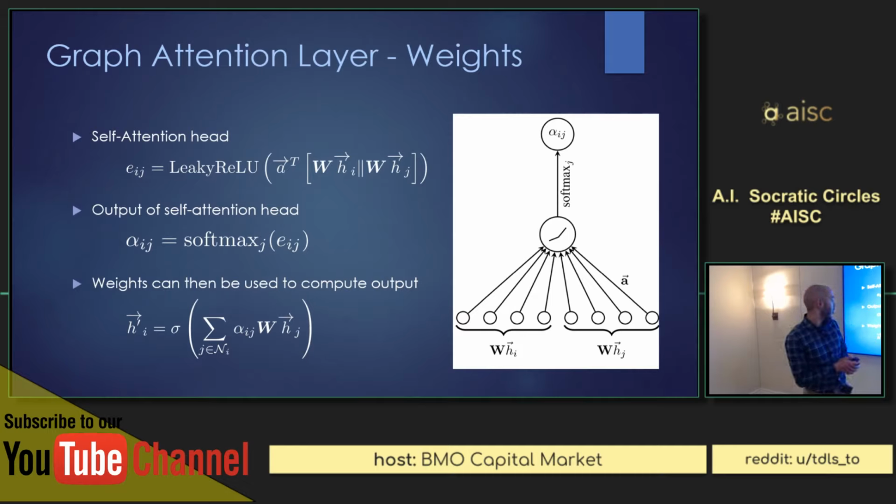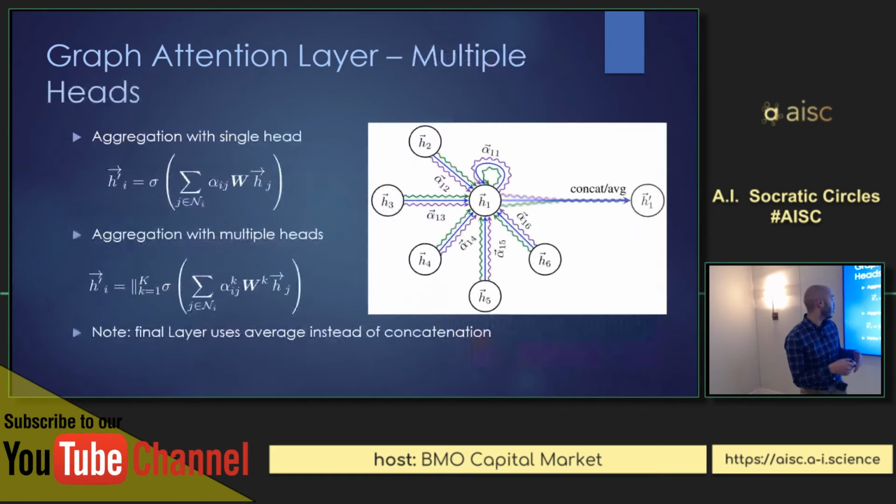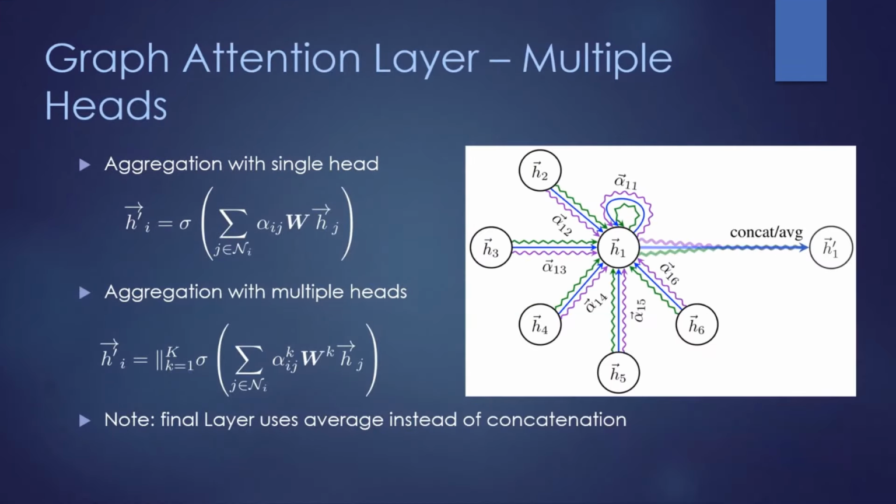Now that we have alpha ij computed using one attention head, you can also do the same thing with multiple attention heads. So now you have multiple attention vectors, multiple weight vectors. You have two options for how to combine the results of all these operations. One is that you can concatenate them, like shown here.